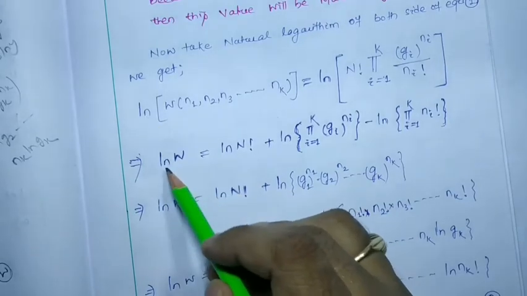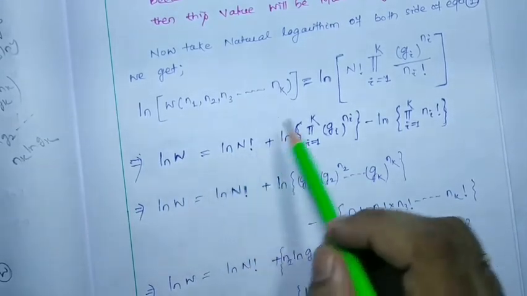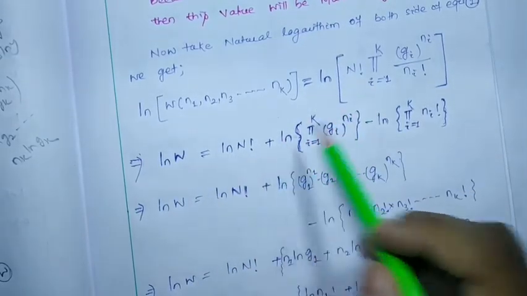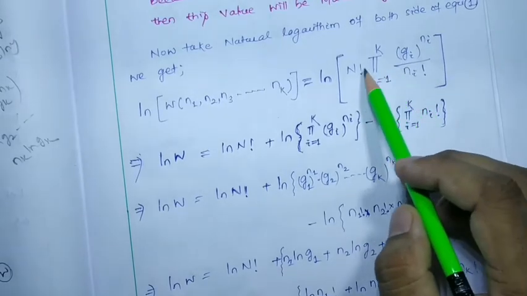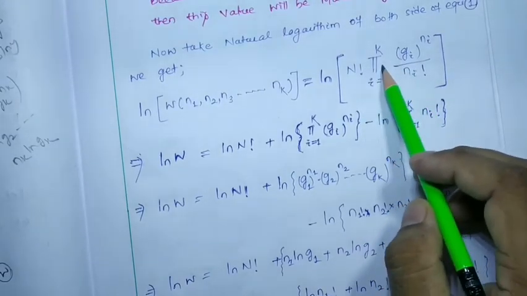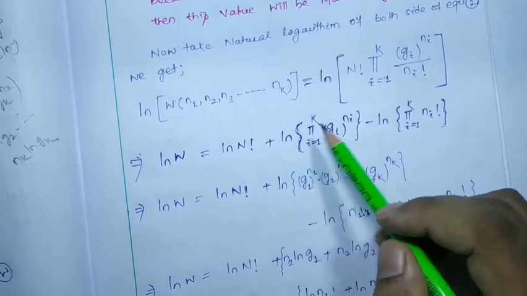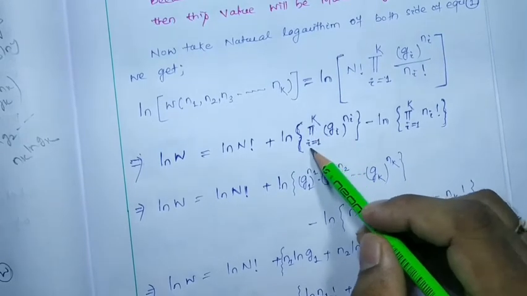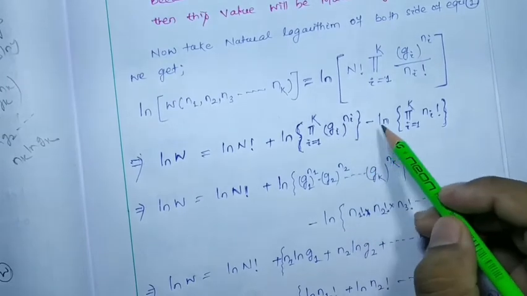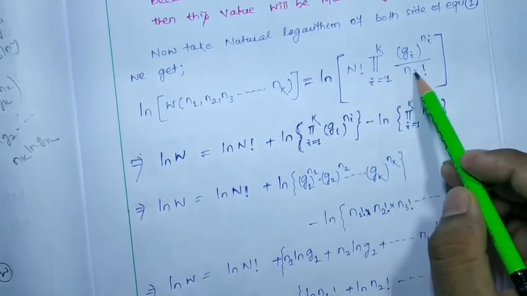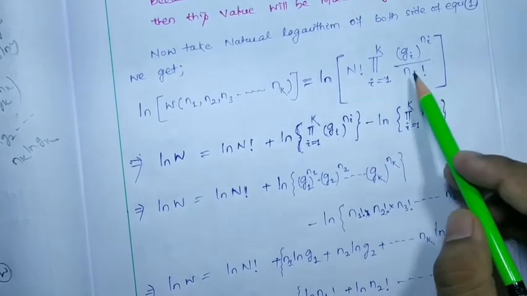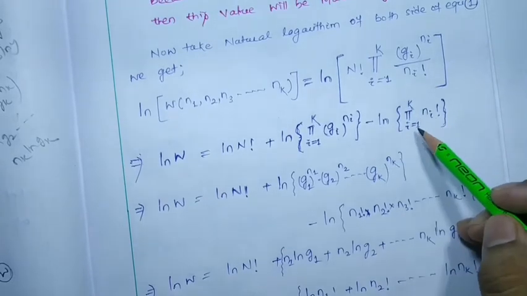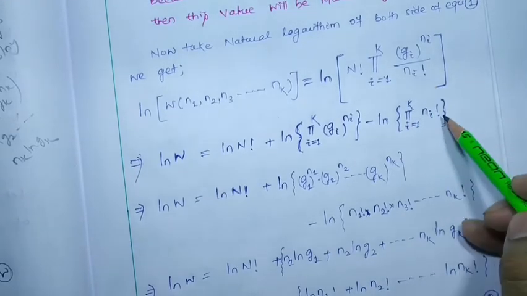So ln W is equal to ln n factorial plus, because these are in the form of multiplication, ln of the product over i equal to 1 to k of gi to the power ni, minus, because it is in the denominator, ln of the product of ni factorial.